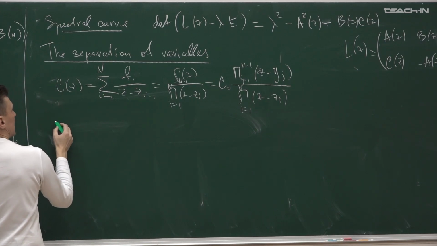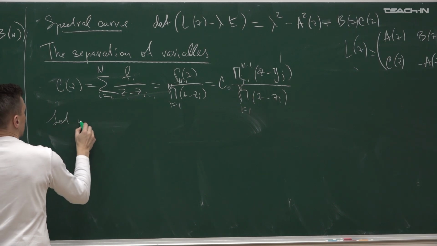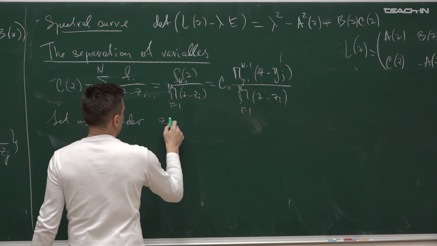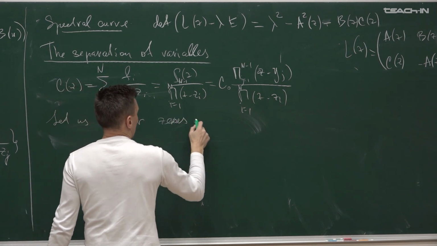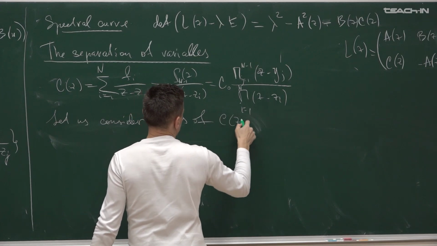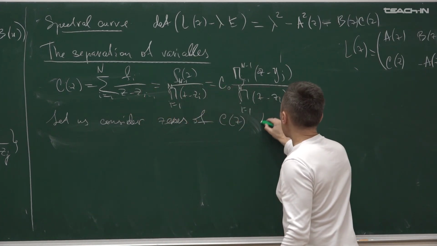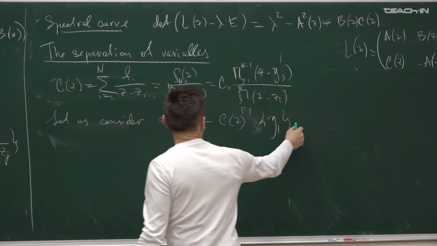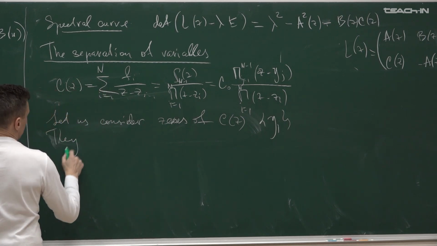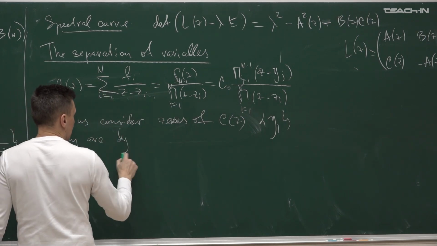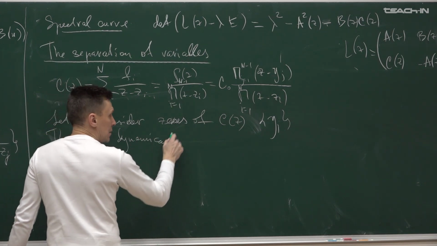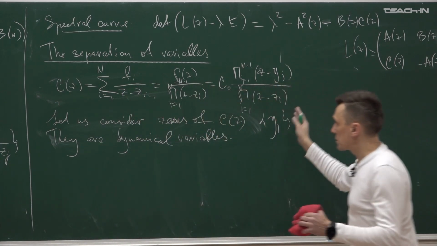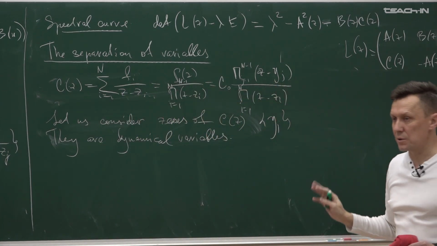So let us consider zeros of c of z, y_j. They are dynamical variables. It means that they evolve in some manner.